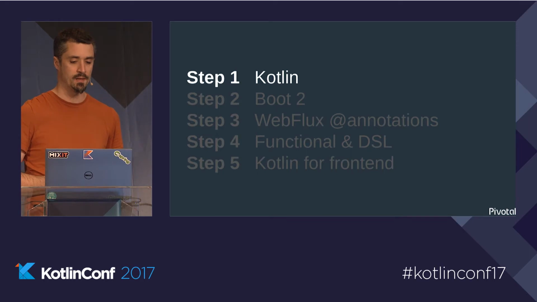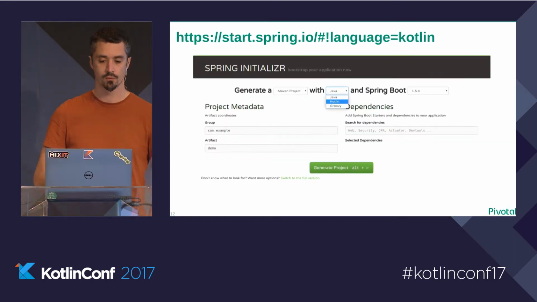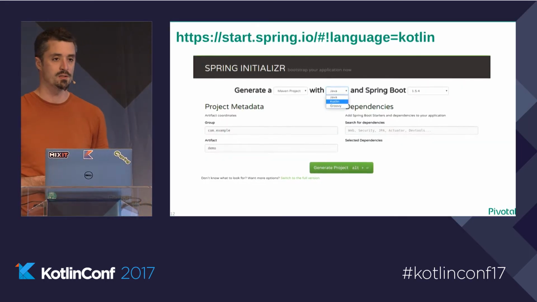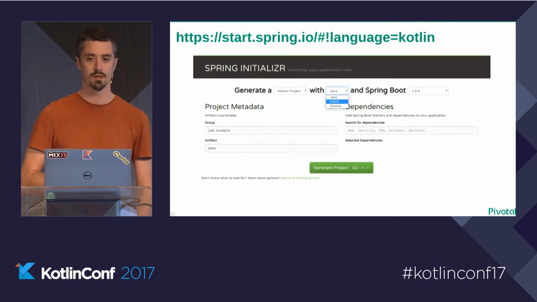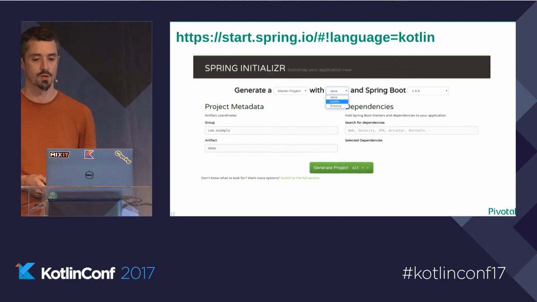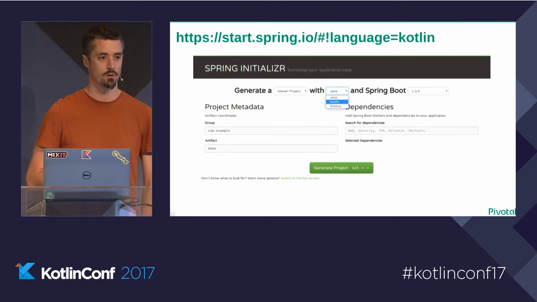So let's start by converting our application from Java to Kotlin. The easiest way to start a Kotlin project with Spring Boot is to use start.spring.io. If you heard Josh yesterday, you have learned this address, I hope. You can use this shortcut with language equals Kotlin to directly go to this page with the Kotlin language already selected.